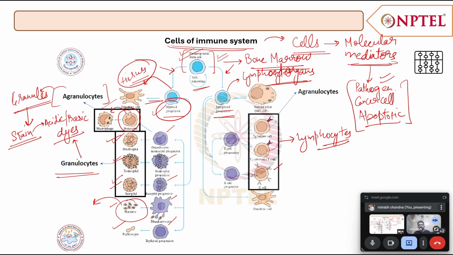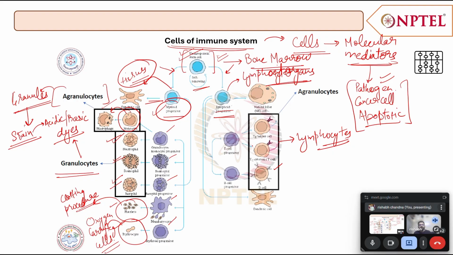These are basically involved in the clotting procedure inside the body. Then we have the erythrocytes. Erythrocytes are also not involved in the immune system. These are basically oxygen carrying cells.